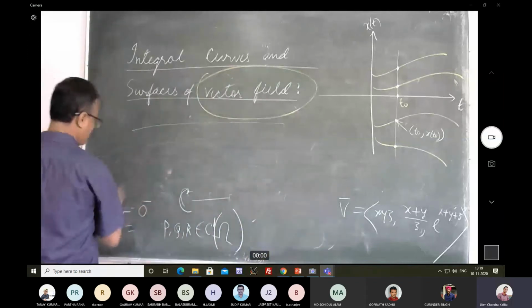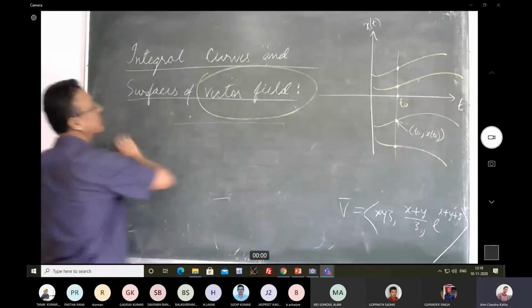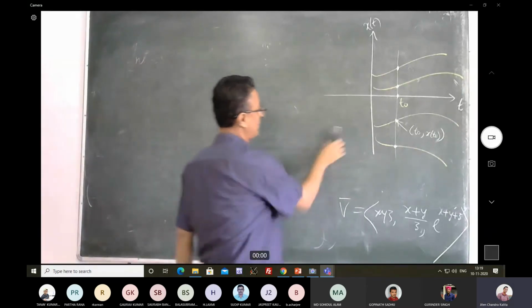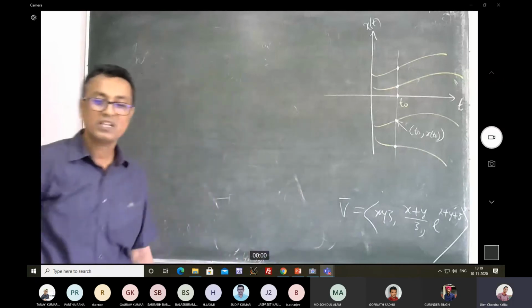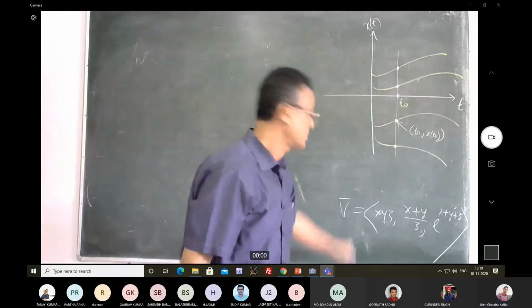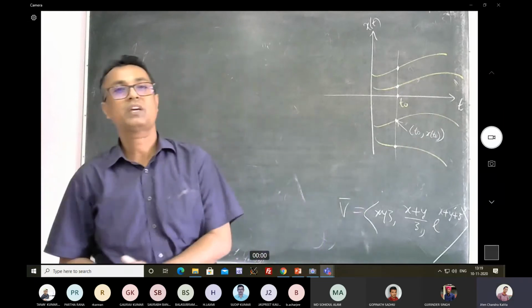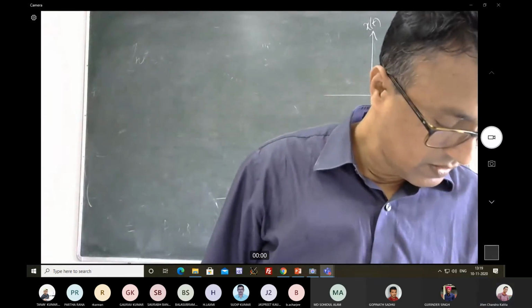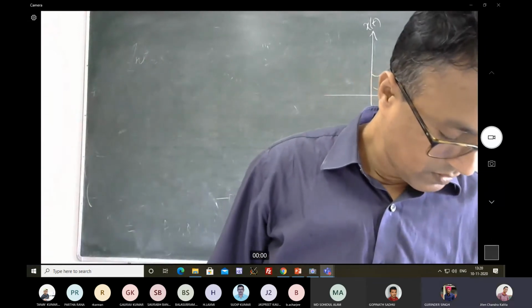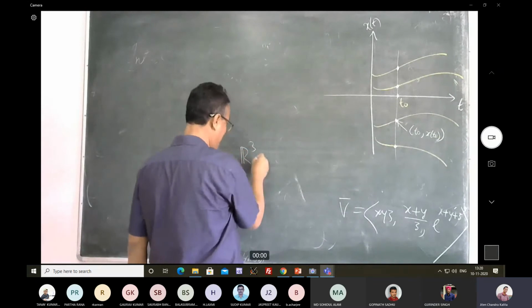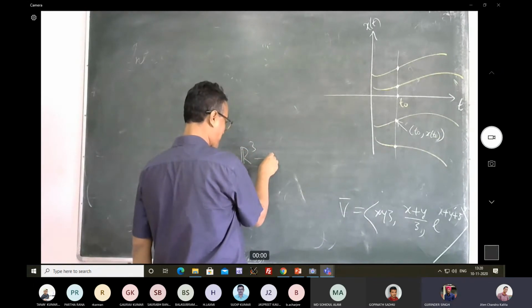Can you tell me where I can define it? If I have to define an integral curve for this vector field, where should my domain be? R3 minus Z axis. So whole R3? R3 minus Z axis.